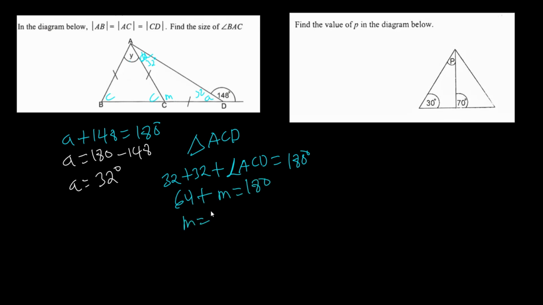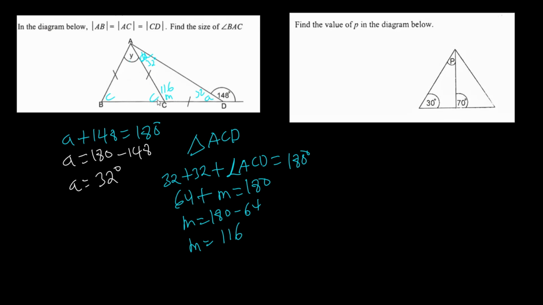M is equal to 180 minus 64. It's going to give us 116. So over here I have 116. Now the sum of two interior opposite angles, which is angle Y and angle C over here, is equal to the exterior angle.